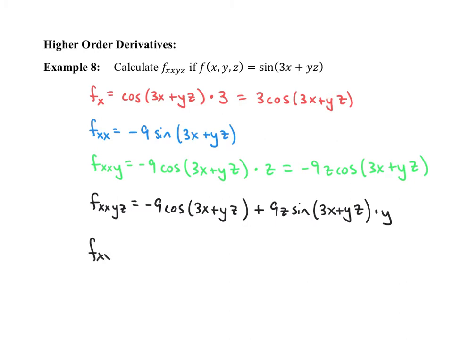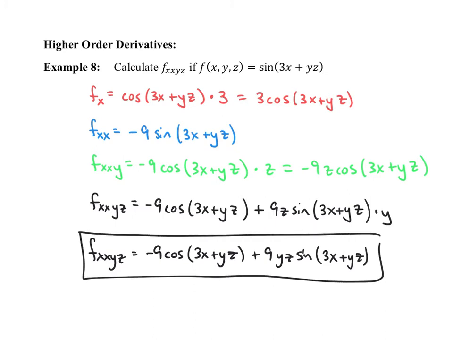So for our final answer, if we just write this in a slightly different form, we'll have negative 9 cosine of 3x plus yz plus 9yz times sine of 3x plus yz.